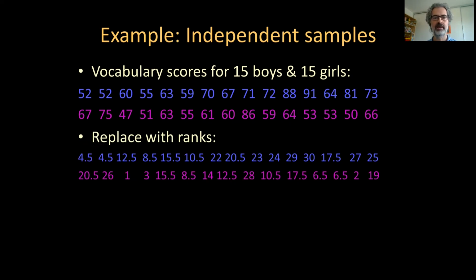The next rank, rank 6, would go to the next largest value, which is 53, but there are actually two 53s, so 6 and 7, and both of these get a rank of 6.5, the average of 6 and 7, and so on up to the top rank of 30, which is taken by the largest value of 91. The important thing here is that ranking is done with the two groups considered together. But the ranks are still separated by group.